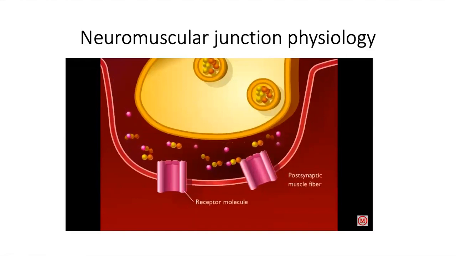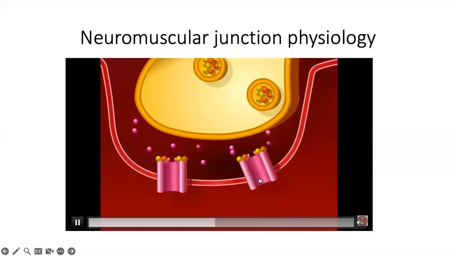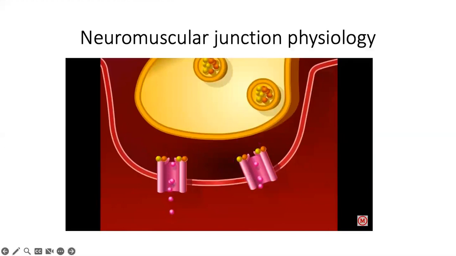This then leads to the influx of sodium. So sodium moves in, and then you get an efflux of potassium. So potassium moves out. So imagine when we give succinylcholine, how it causes an increase in potassium is because of the efflux of potassium.